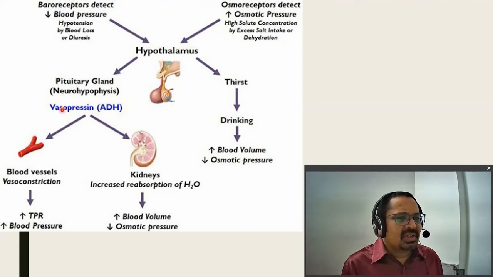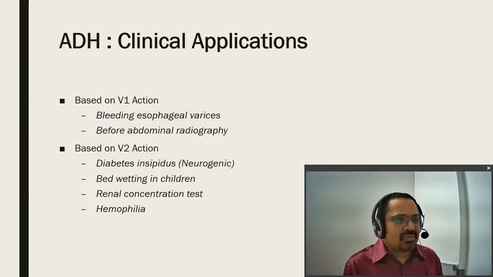Whenever there is a release of vasopressin, it acts on two things. One, it produces vasoconstriction, blood vessels are vasoconstricted, whereas kidney reabsorption of the water is increased. So this is increasing the blood pressure and blood volume, and osmotic pressure is reduced over here. So these are the actions of the ADH hormone.